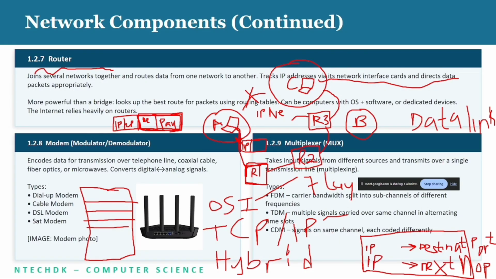It checks across its routing table, and you have routes still that the router needs to populate. So over time, there are various protocols that routers use to populate their routing tables. So it can be configured manually by the administrator, or you can set up dynamic routing protocols, right?